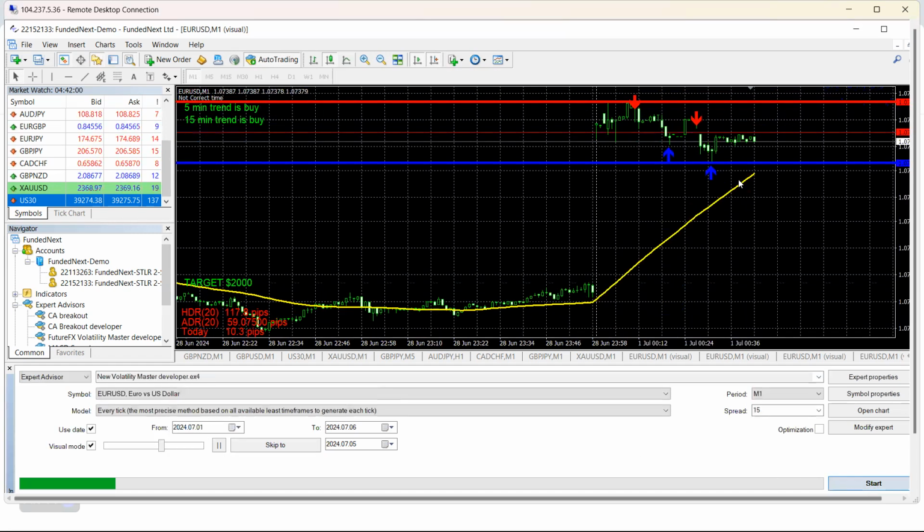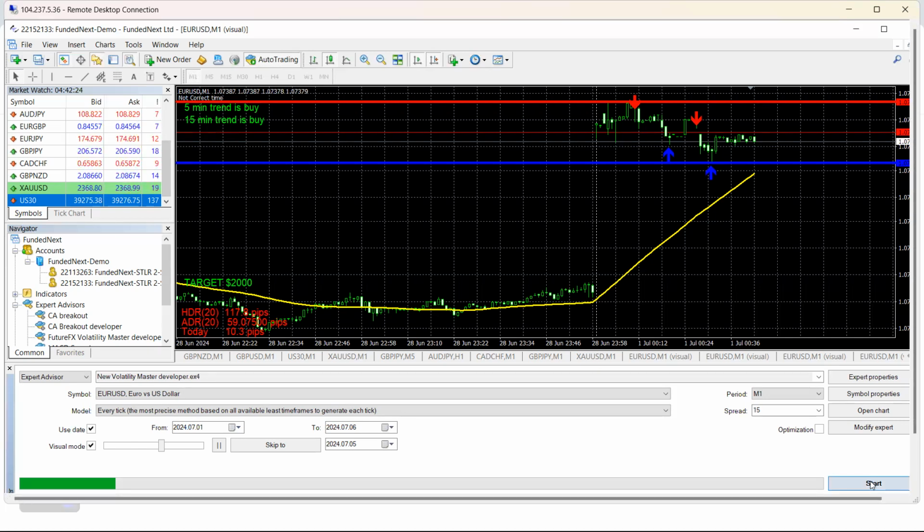Okay, I can stop it now. I just wanted to start it so I got the average daily range figure. So gold was 370 pips. The average daily range on Euro USD is only 59. So that's just showing that the market doesn't move as many pips per day as it does on gold. So you need to adjust pips accordingly.